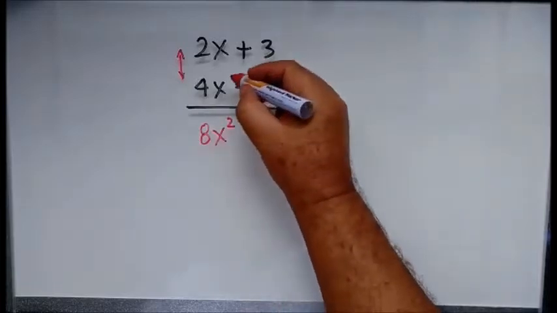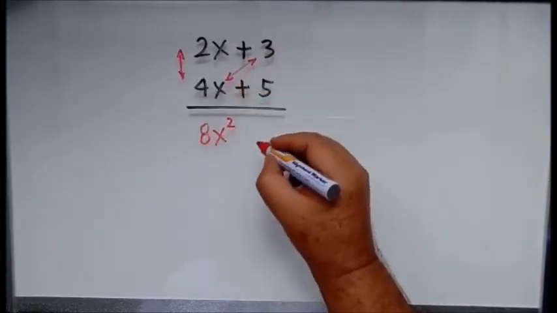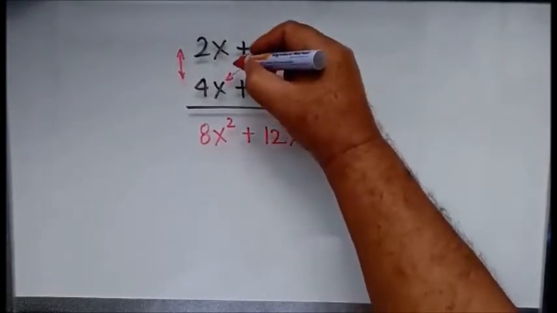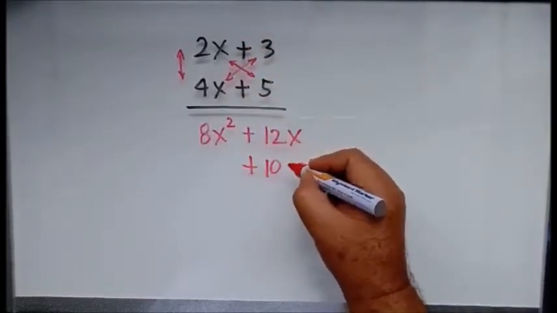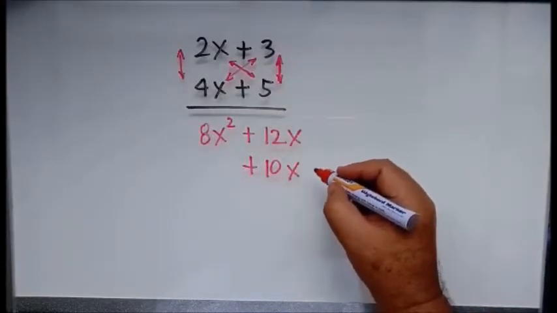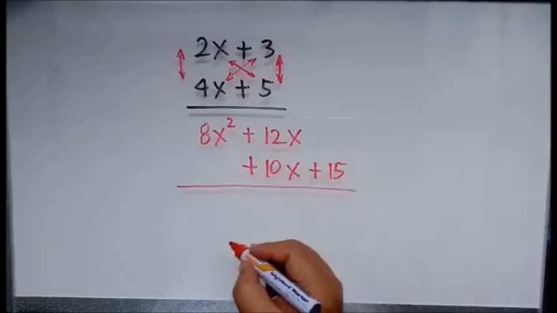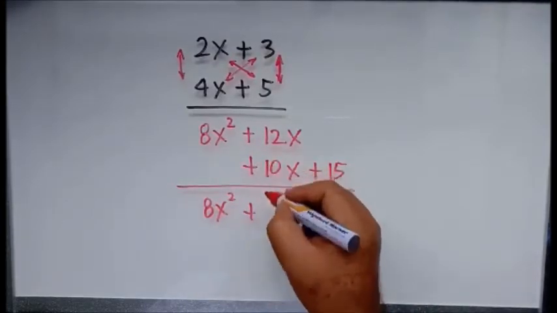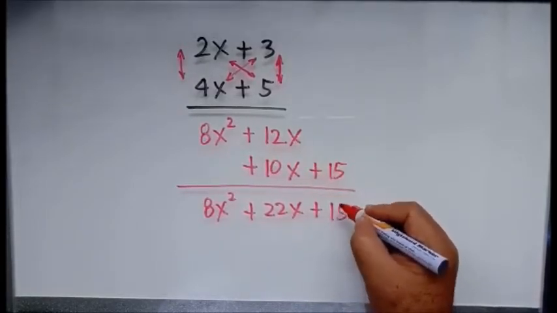Then, cross multiply. 4x times 3 is 12x. Then cross multiply again, plus 10x, then multiply these two, plus 15. Now, what will be the result? Combine like terms, this will become 22x plus 15.